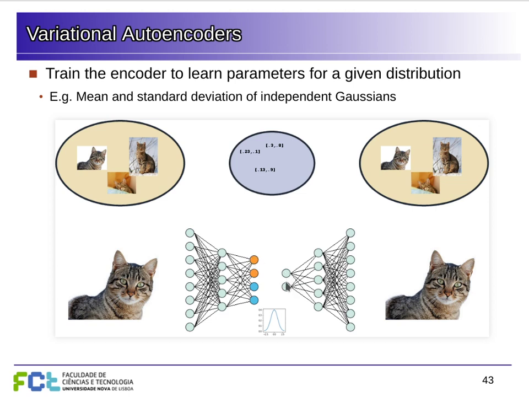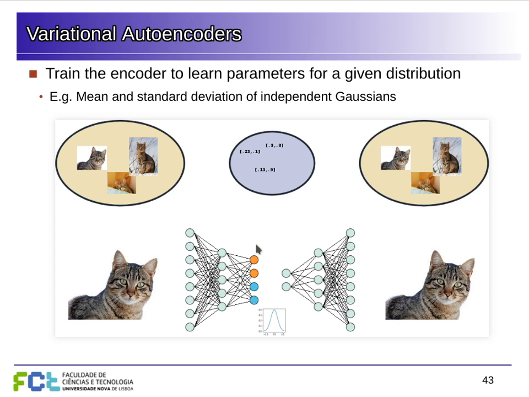So if we have two values here that encode the image of the cat, we train the encoder to give us the mean and standard deviation for the first value and the mean and standard deviation for the second value. And now when we want to generate cats, we sample from these distributions and we get different cats. So this is how a variational autoencoder works.